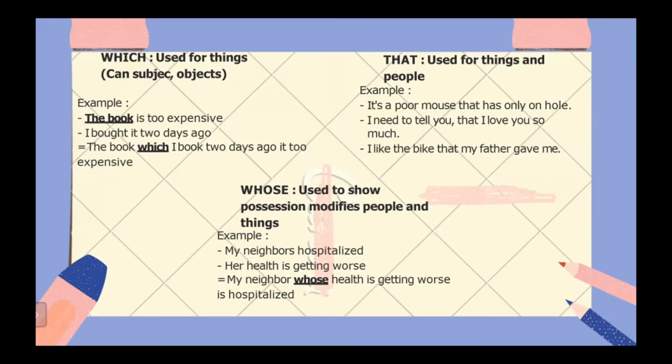Yes, I totally agree with Lily's opinion regarding the relative clause. So here we tell which and that, which can be subject or object, that is used to show position and defines people and things. Okay, Lily, do you agree with me or do you have an argument?